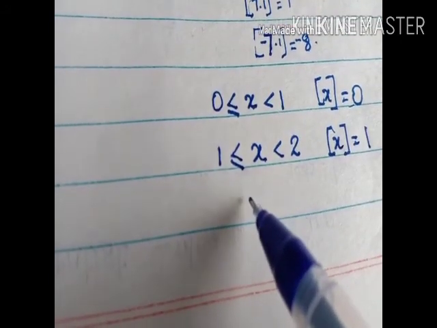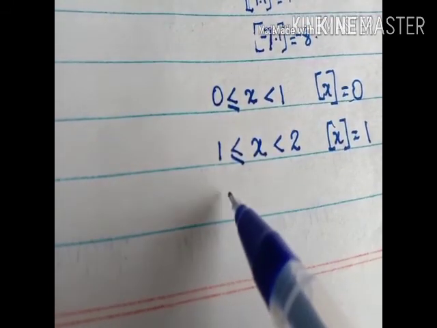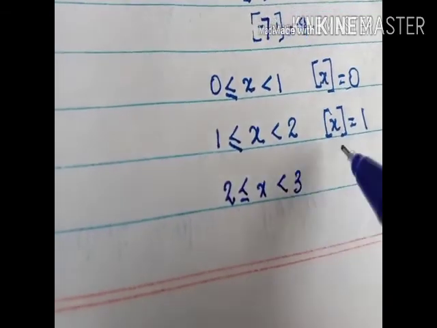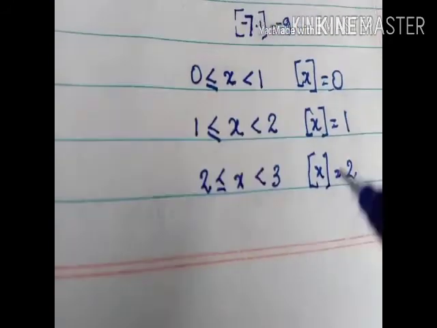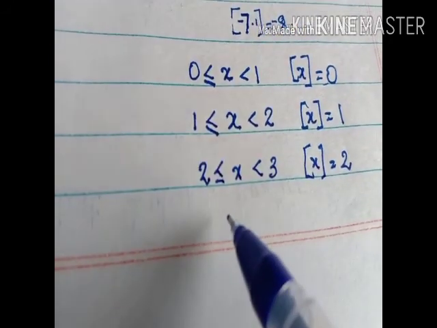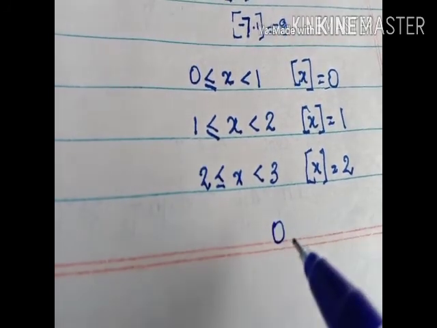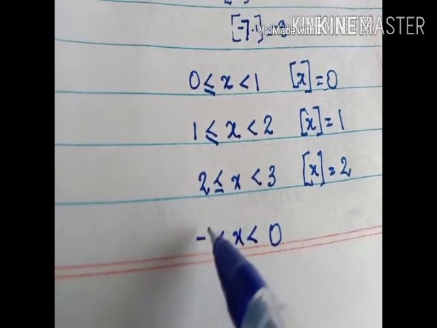If you take x equal to 2.1, 2.3, 2.4 and so on, its greatest integer function becomes equal to 2. Is that clear?